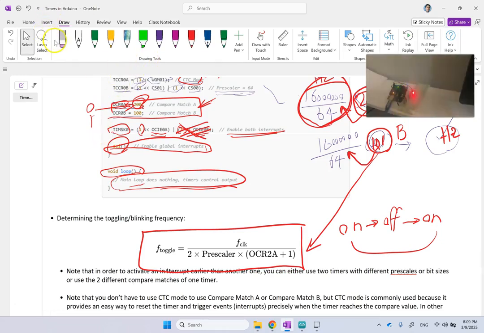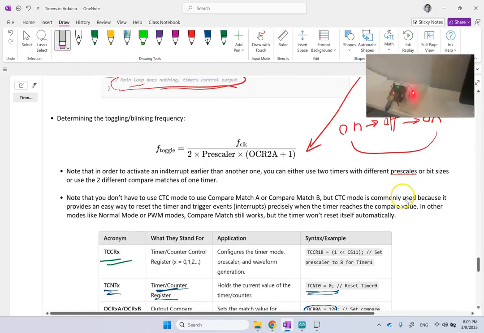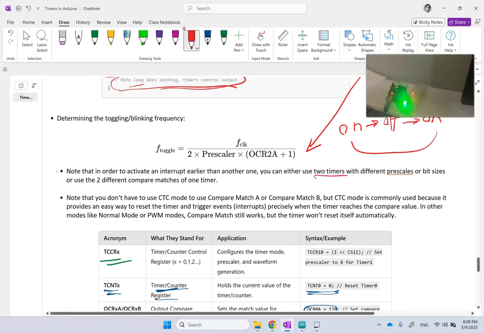Okay, so let's move on. If I want to list the 3 different strategies for doing some toggling or anything else faster or slower, what are those different ways that you can make something happen faster or slower? What are the 3 settings that you have at hand? One is use different timers. Timer 1 and timer 0 have different numbers of bits. One has 8, one has 16.